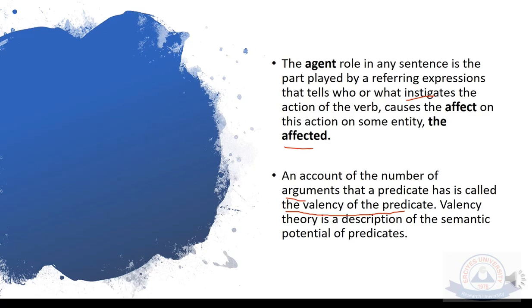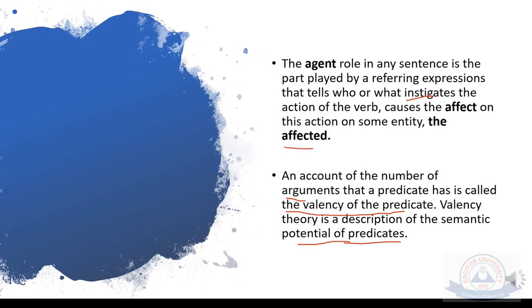Valency theory is a description of the semantic potential of predicates. So it is the number of arguments that a predicate has, and it actually refers to the semantic potential of the predicates. But we will count them as zero valency, valency 1, valency 2, according to the number of the arguments, the expressions.